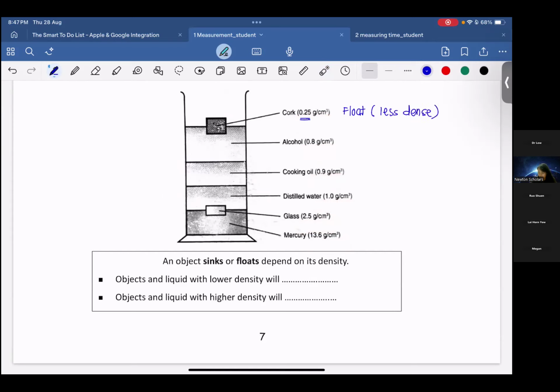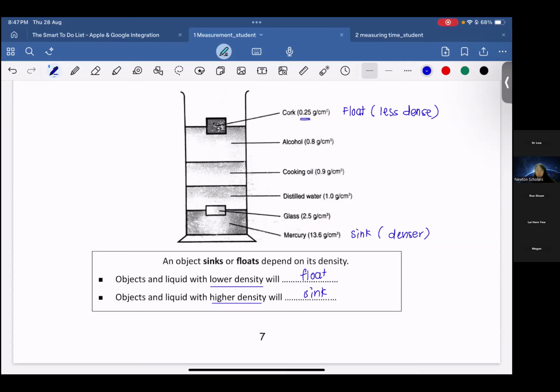The mercury is 13.6 gram per cm cube, so it will sink because it is denser, or we say higher density. So you have to know how they arrange. Based on the density, this one should be at the upper layer and so on. Lower density will float, higher density will sink.